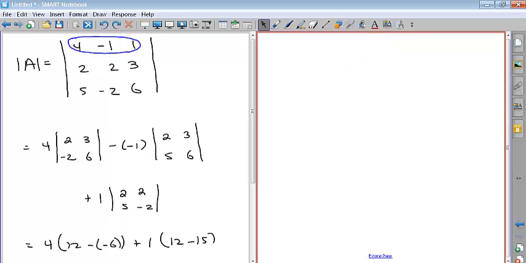Okay, next, 14. Use a determinant and the given vertices of a triangle to find the area of the triangle. Let's write the vertices: x1, y1, x2, y2, x3, y3. It doesn't matter which one you choose.